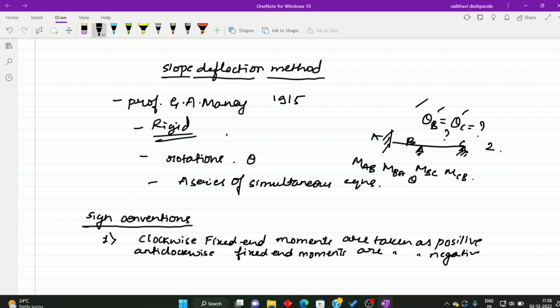So we are supposed to know the sign conventions first.